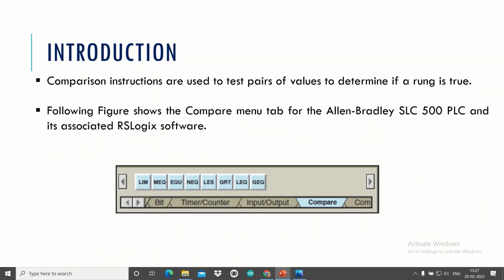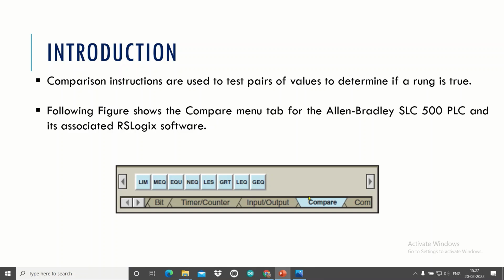Now you see, comparison instructions are extensively used in order to compare pairs of values. And finally, according to this comparison result, the condition of a rung is updated. Either it goes true or it goes false.